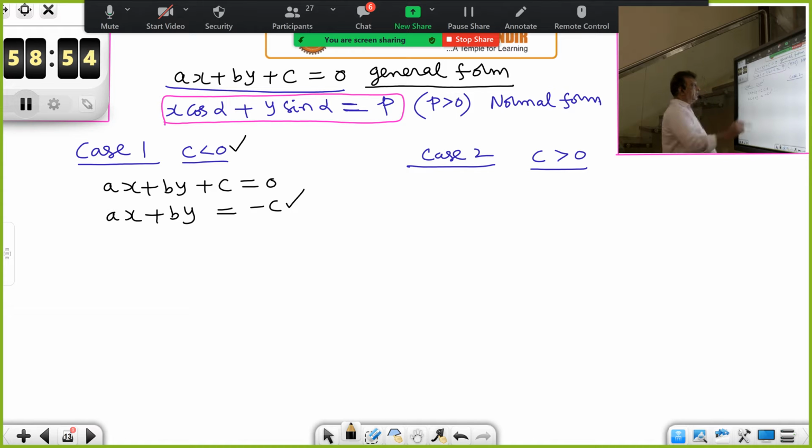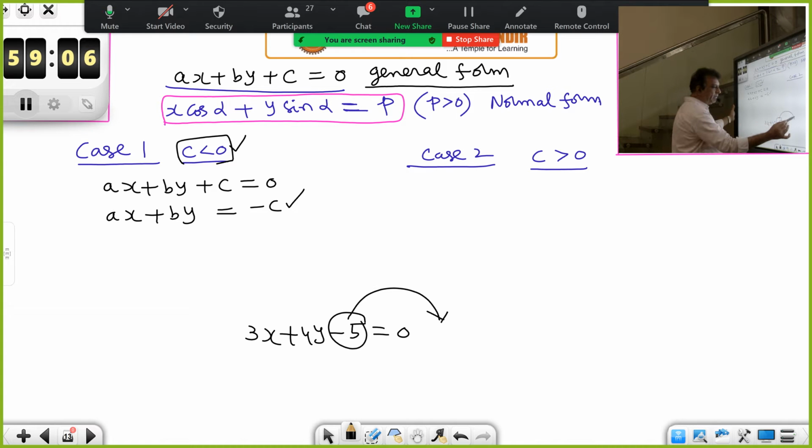Positive, sir. Positive, because c itself is negative. See, this case is, we are assuming, for example, 3x plus 4y minus 5 equal to 0. C is minus 5. If it goes to the right side, it becomes plus 5. Minus of minus 5 becomes plus 5. So the right side constant must be positive.